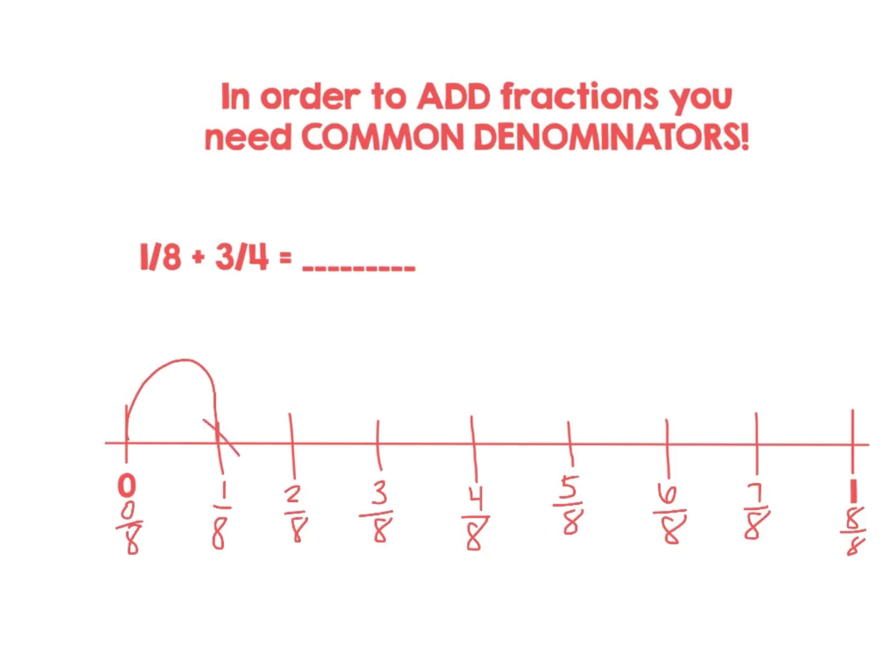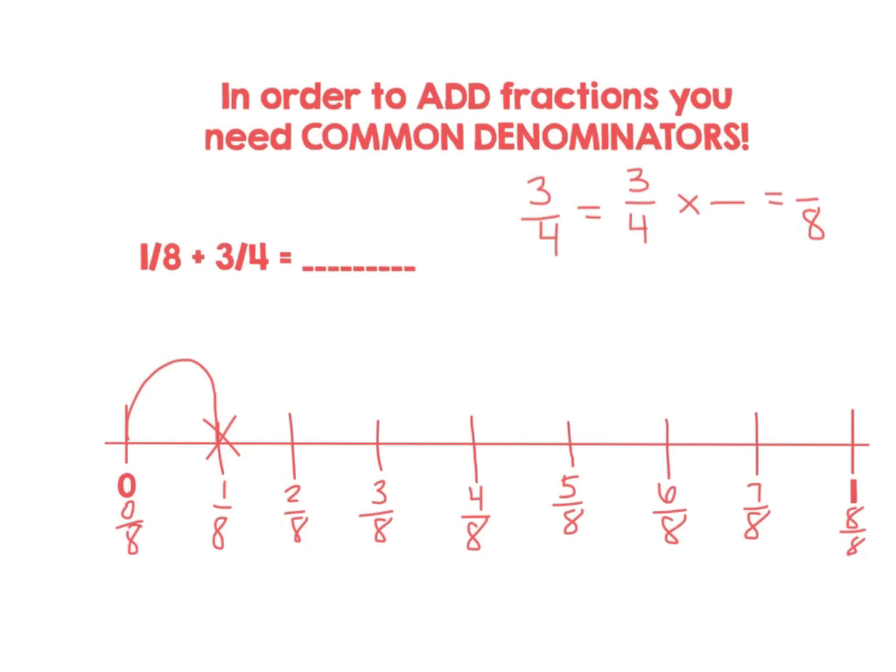This is where I'm starting, 1/8, and I need to add 3/4 to that. But 3/4 and 1/8 don't have common denominators, so I need to say, hey, I know that 3/4 is the same as 3/4 times something to get a fraction that has eighths as the denominator.